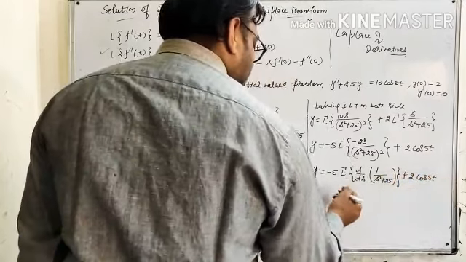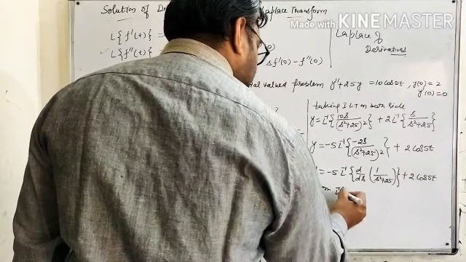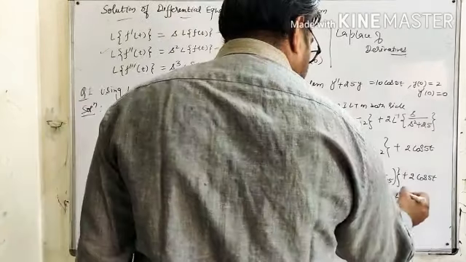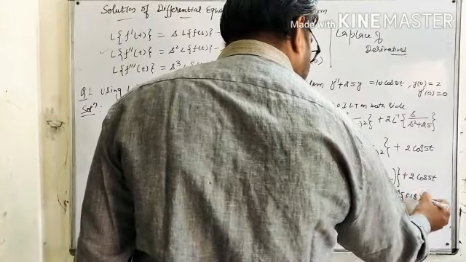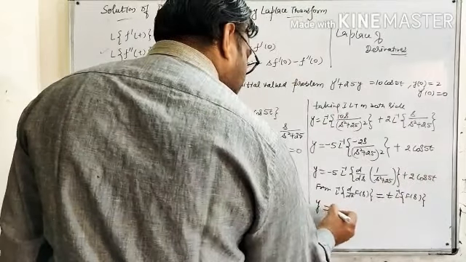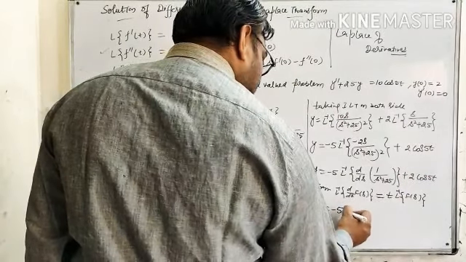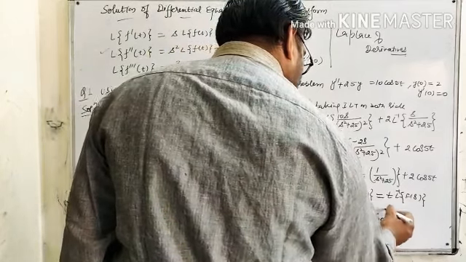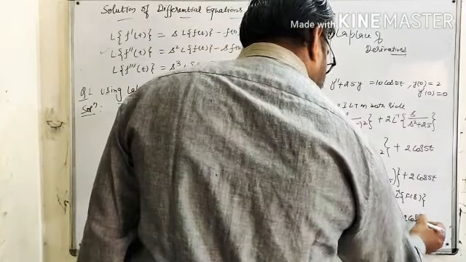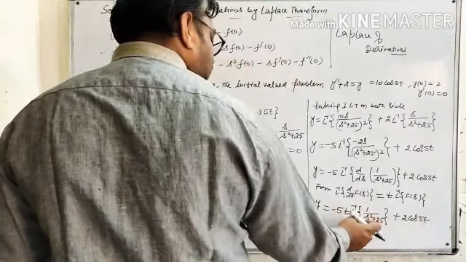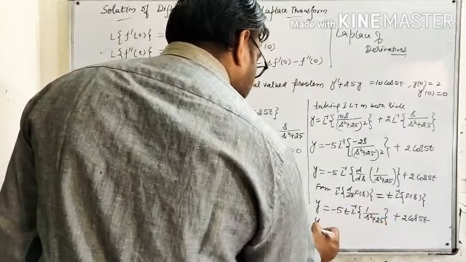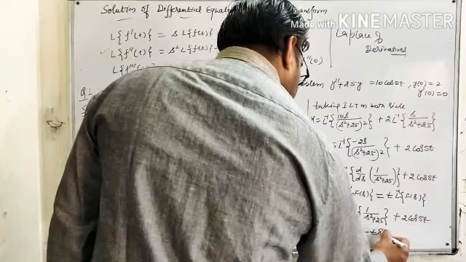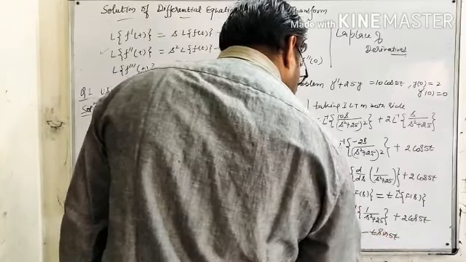Applying the phenomenon that inverse Laplace of d upon ds of F(s) is equal to minus t inverse Laplace of F(s), y is equal to minus 5t inverse Laplace of 1 upon s square plus 25 plus 2 cos 5t, and inverse Laplace of this function is 1 upon 5 sin 5t. So we can write it as 2 cos 5t minus t sin 5t. So this is the required solution.